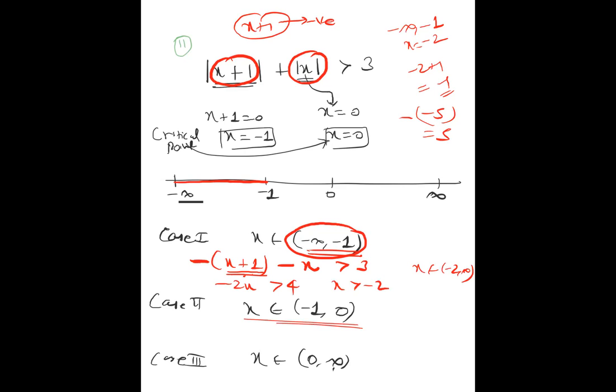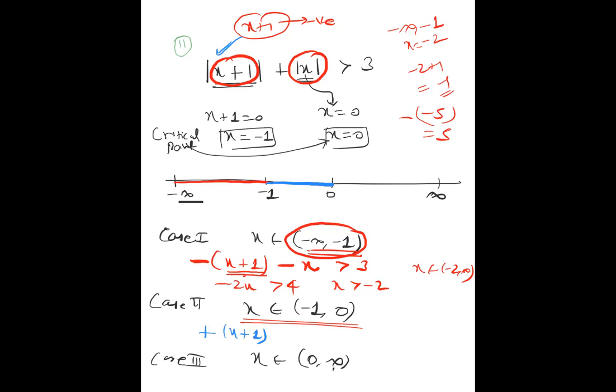When x is between minus 1 to 0. At that time, when x is greater than minus 1, obviously if x is minus 0.5 or something, this bracket will be positive only. So we have to write this bracket as positive.